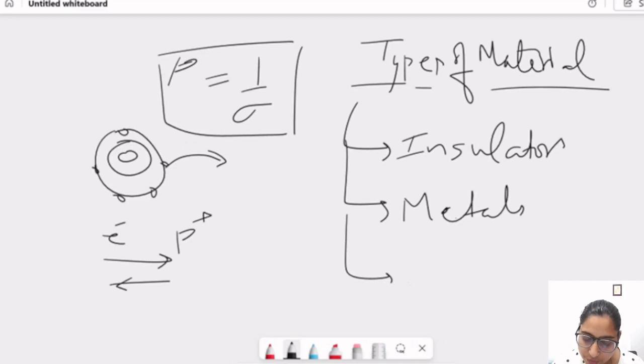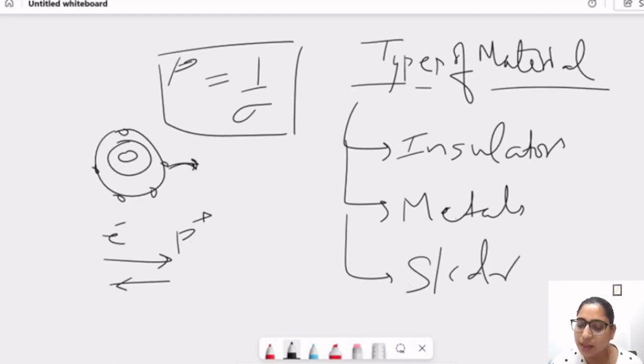And if this electron has moderate attraction, it means the electron wants to jump outside, but when I give a certain amount of energy to it, then it will move out and take part in conduction. Then these are called semiconductors, meaning conductivity lies between insulators and metals. Now we will discuss all three in detail with the help of an energy band diagram.